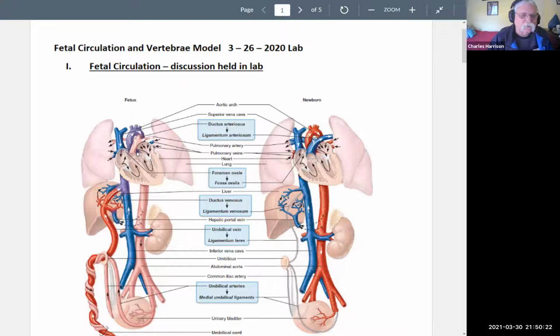There's a hole in the heart. Okay. The blood can then go from one atrium directly to the other. And this is that oxygenated blood or semi-oxygenated blood.